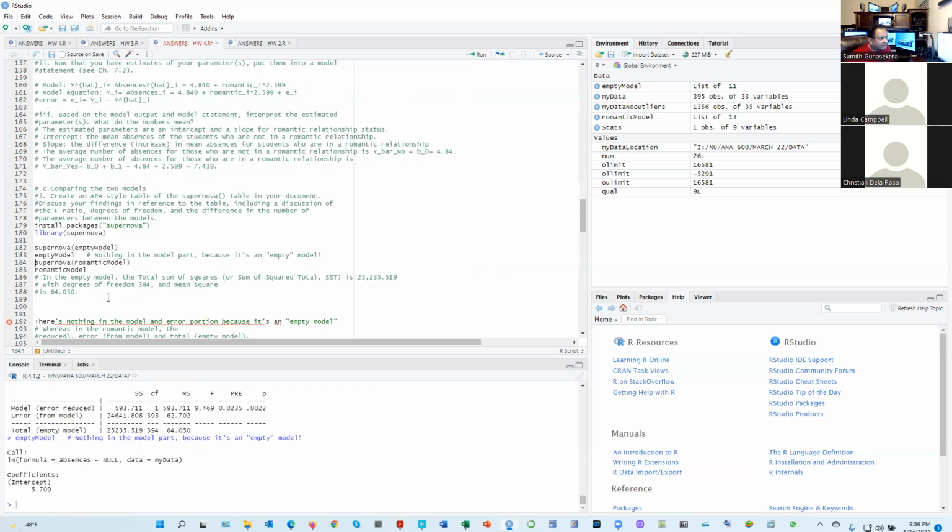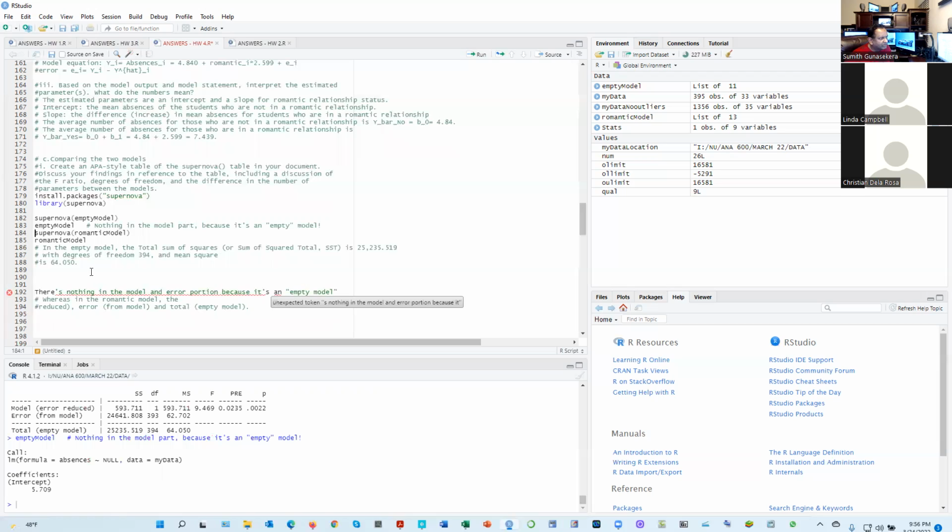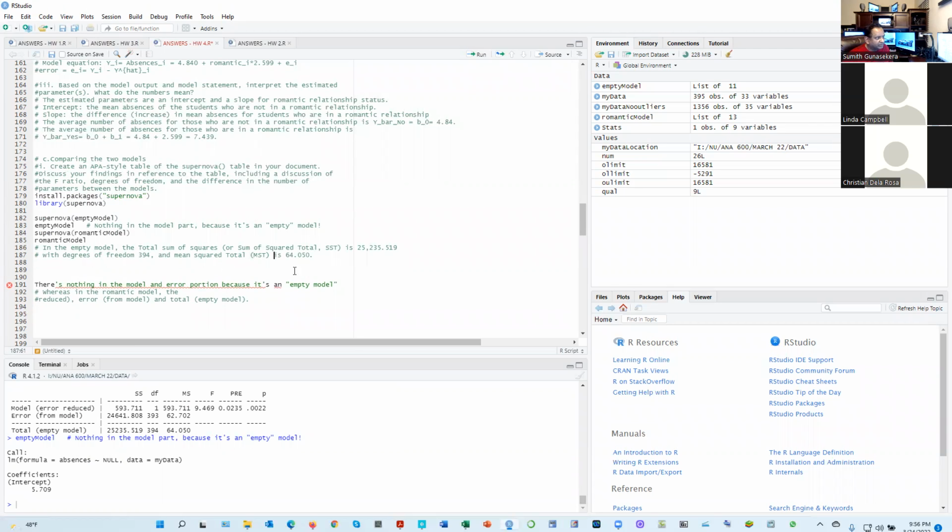This one is 64. The mean squared total, MST, is 64. Good.